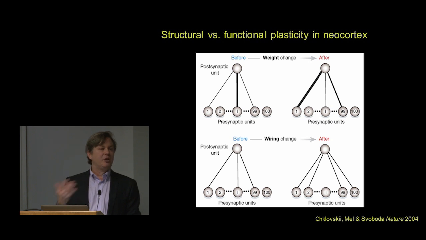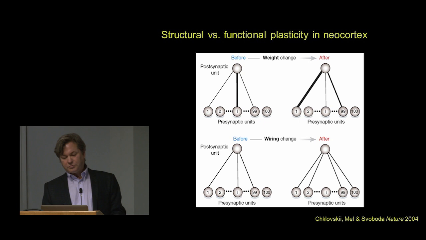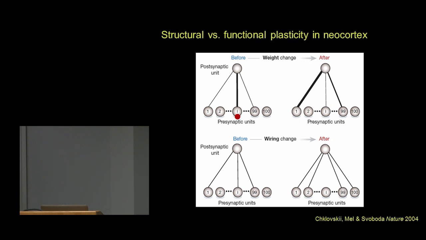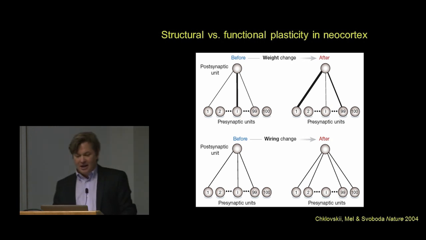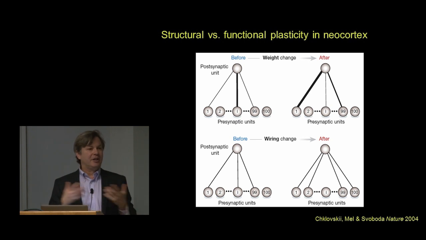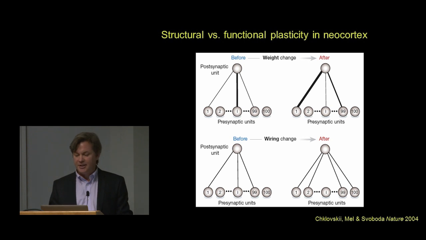In a typical synaptic plasticity study, the system starts out with synapse 1 being very strong onto the postsynaptic neuron, and due to some kind of perturbation, presumably some kind of perturbation that might happen in the intact animal, synapse 1 gets strengthened. But synapse 1 existed beforehand.